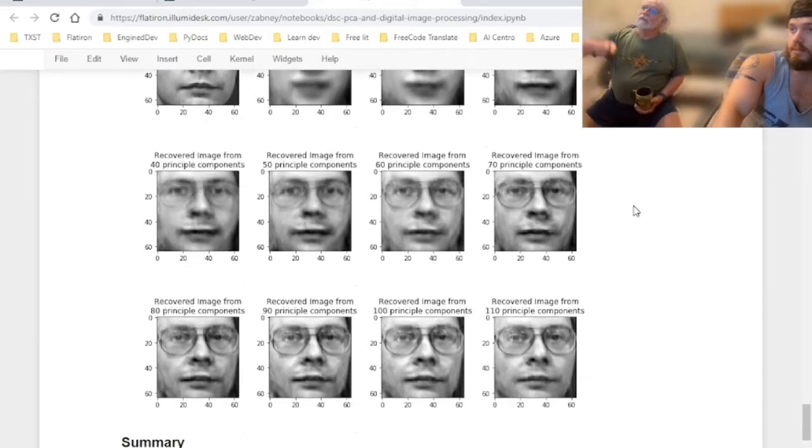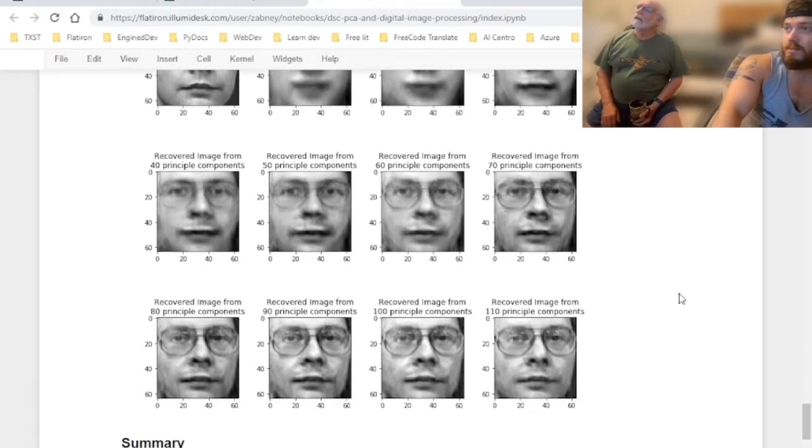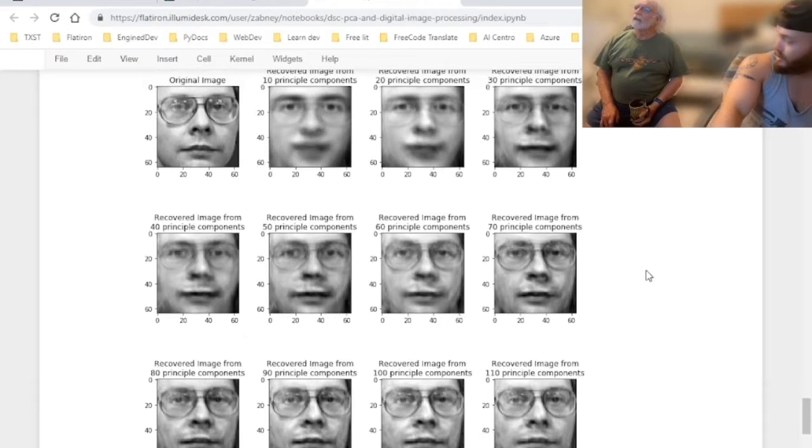Which has to do with the line that went up like this and then over, with 30 being almost there. This is what that line represented, basically. So that's basically PCA in a nutshell.